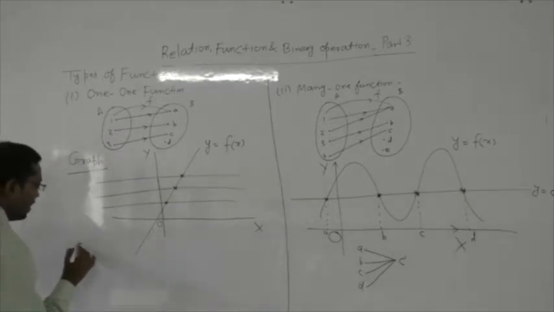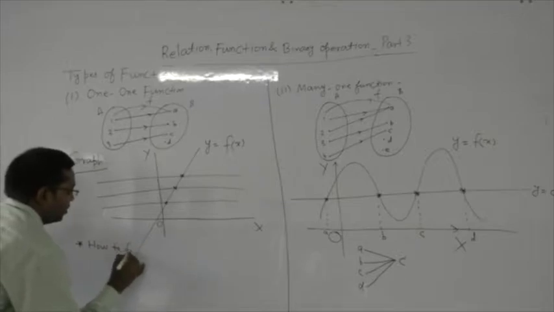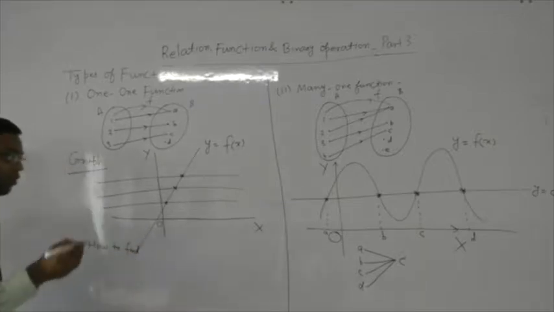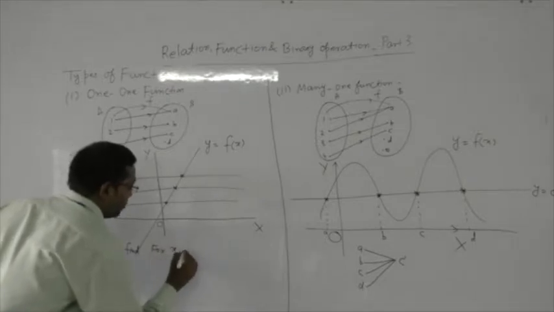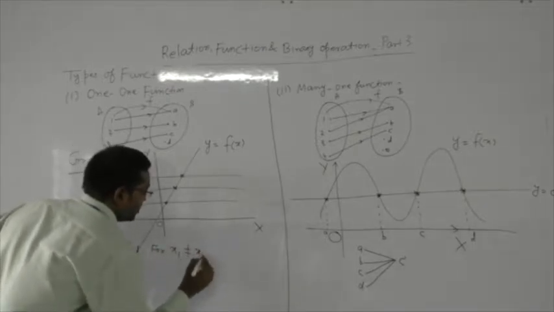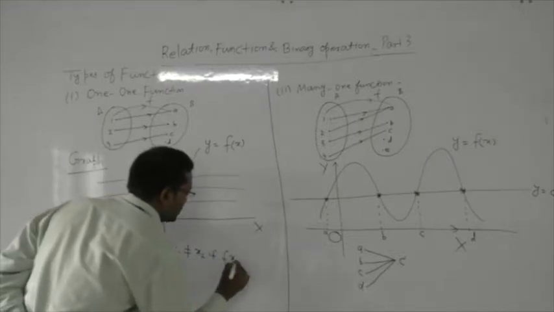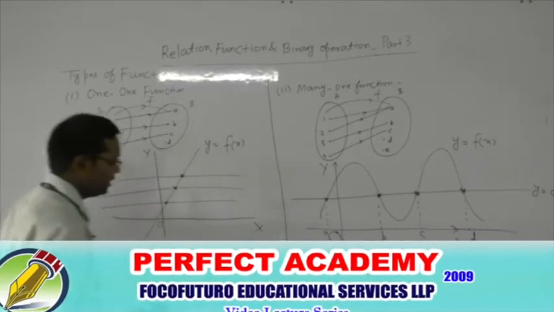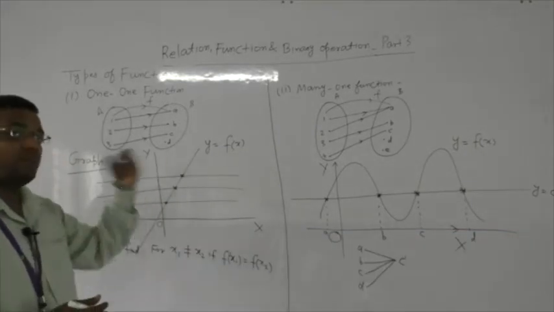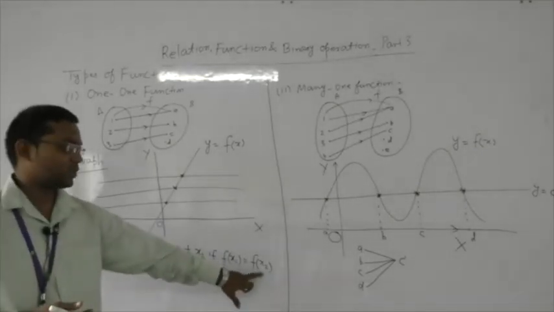See how to find whether any function is one-one or many-one. For x1 not equal to x2, if you get f(x1) equals f(x2), then this function will become many-one, because x1 not equal to x2 gives f(x1) equal to f(x2).